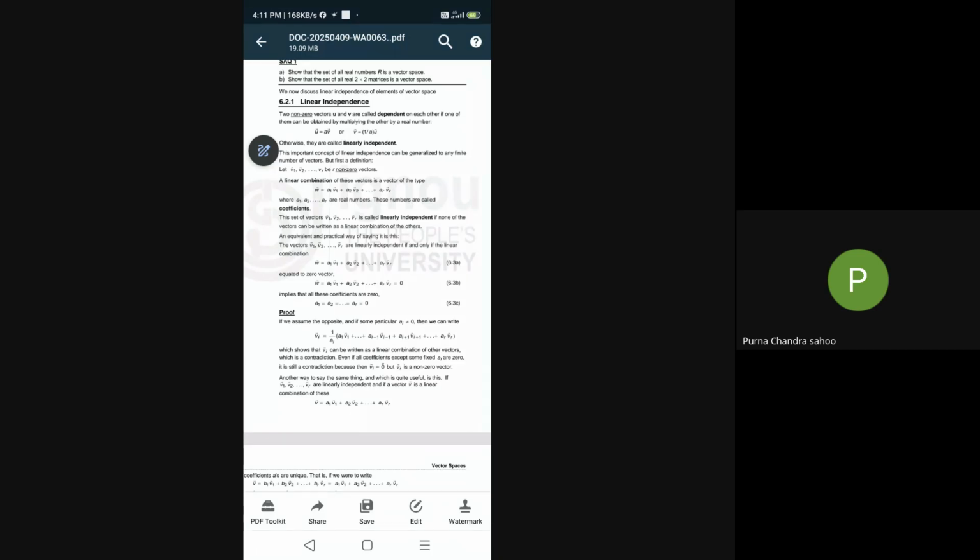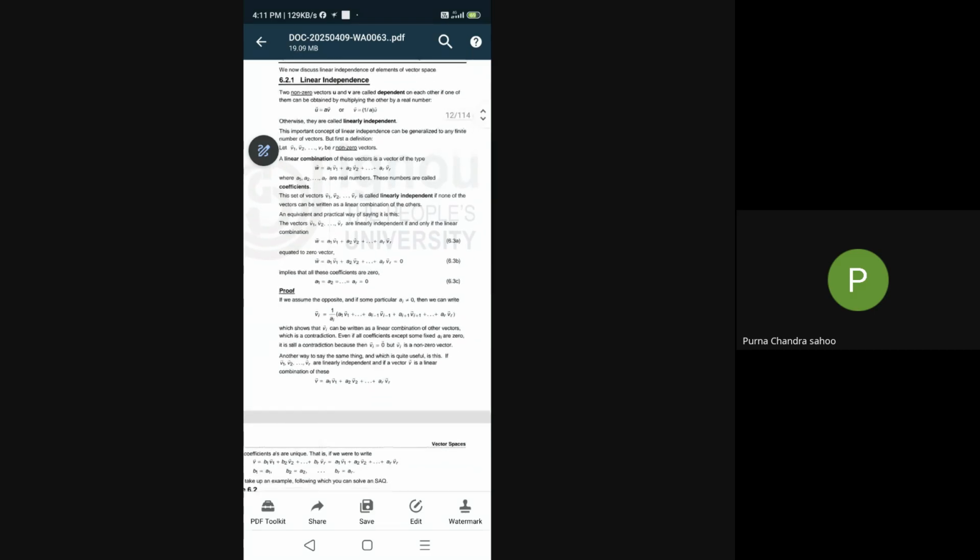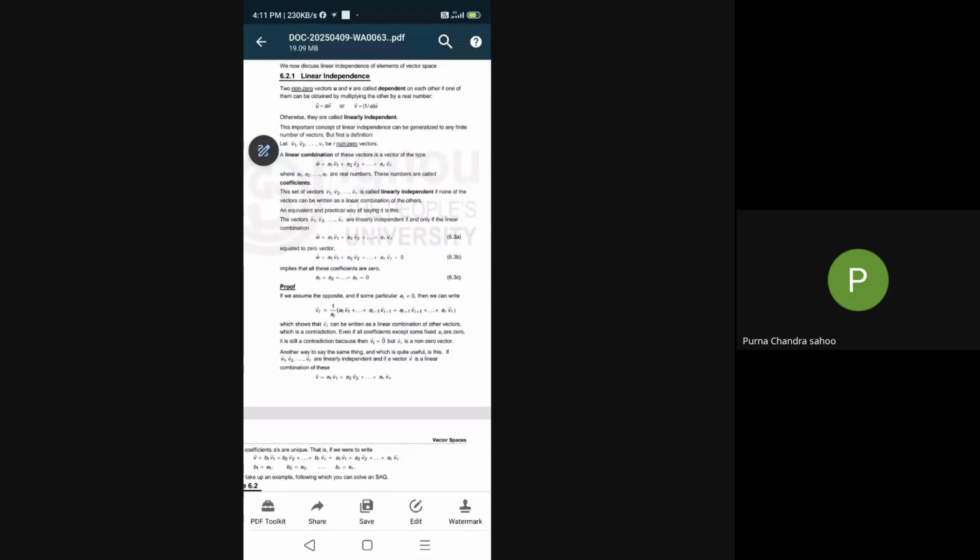These numbers are called coefficients. So this set of vectors V1 vector, V2 vector, up to VR vector is called linearly independent if none of the vectors can be written as a linear combination of the others.